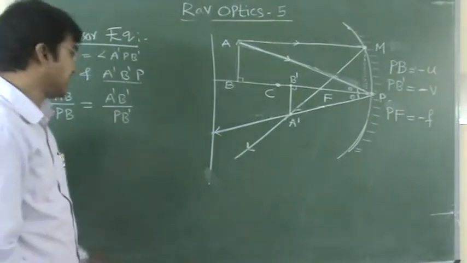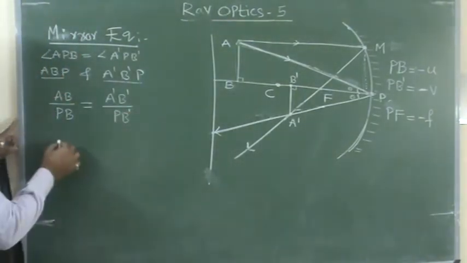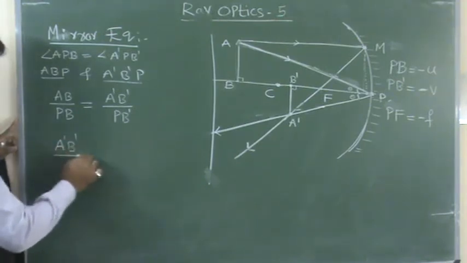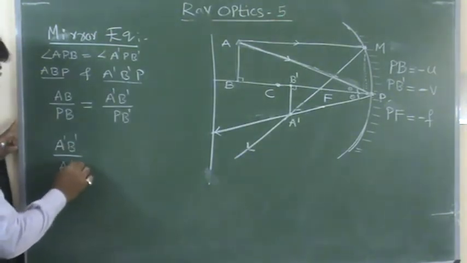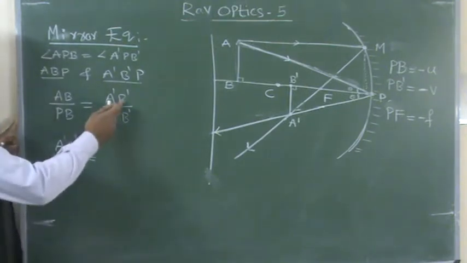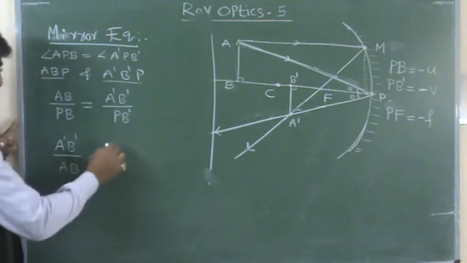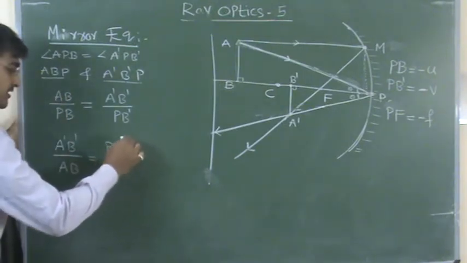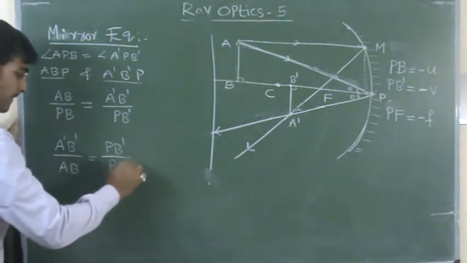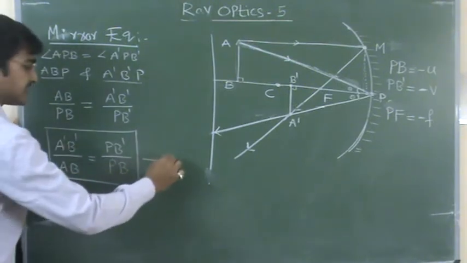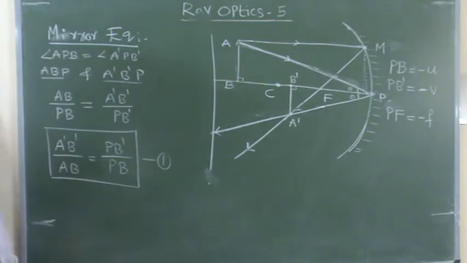From this, A dash B dash divided by AB equals PB dash divided by PB. This is equation number 1. Clear? So this is the first one.